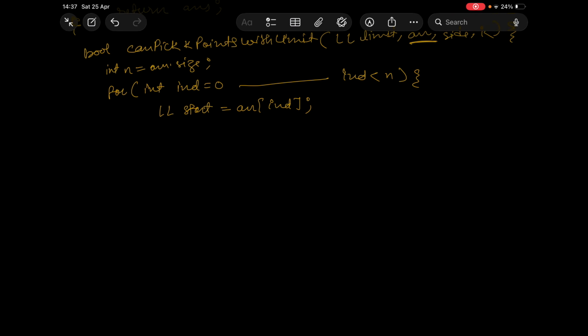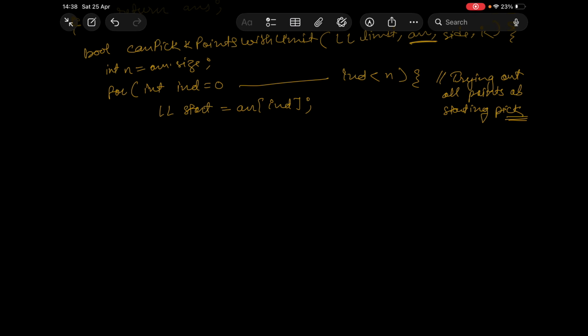So this is my starting point, this is trying out all points as starting point, and from there we will pick all the points where the next point is greater than or equal to whatever limit, that the distance is greater than or equal to limit basically.